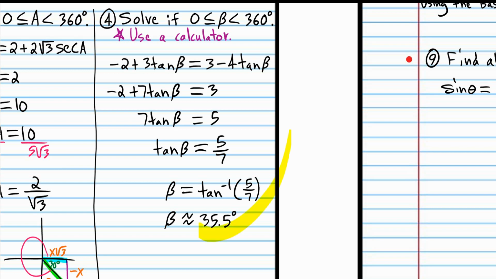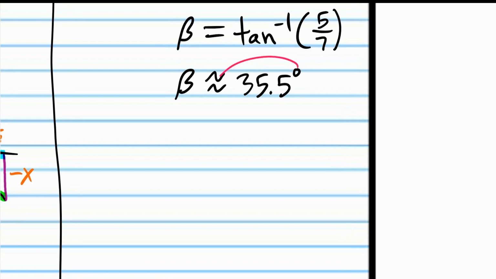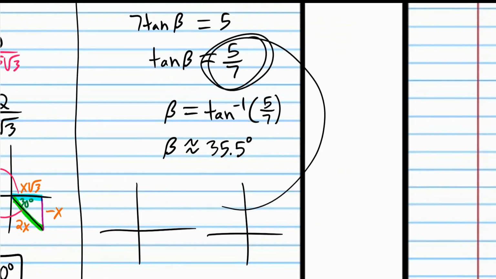But it asks us to find all of the angle measures that satisfy the equation between 0 and 360 degrees. This is only one of the answers. There's actually going to be 2 of them. So how do we find the other answers? Well, we use this angle, which just happens to be the reference angle because it's an acute angle, and we consider the situations where tangent is positive.